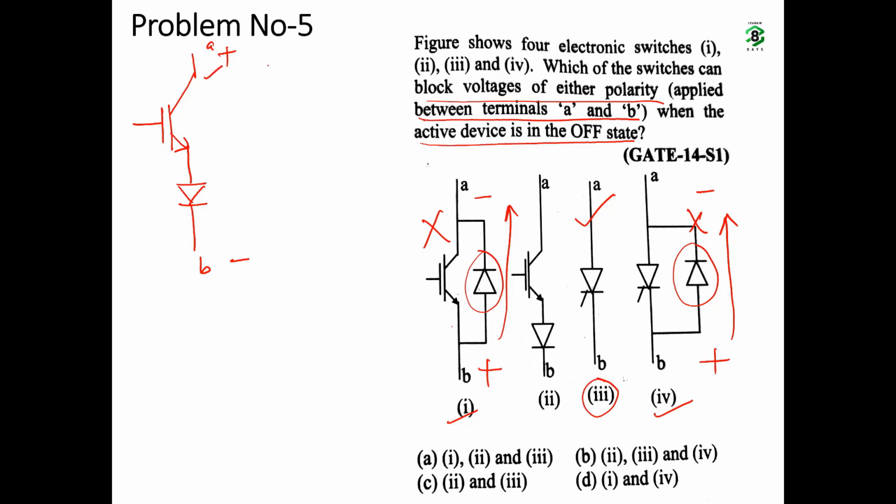Now if we apply negative voltage, this negative voltage will be blocked by this diode, but not by the IGBT, but overall it will block the negative voltage also. So this switch, IGBT in series with a diode, is blocking both polarities of voltage, and that is what has been asked in the question: which of the following switches can block voltage of either polarity? So out of the given options, the correct option is options 2 and 3, that is option C.